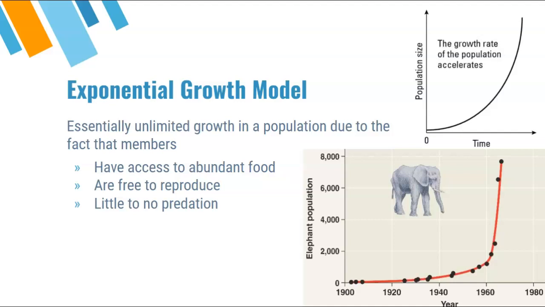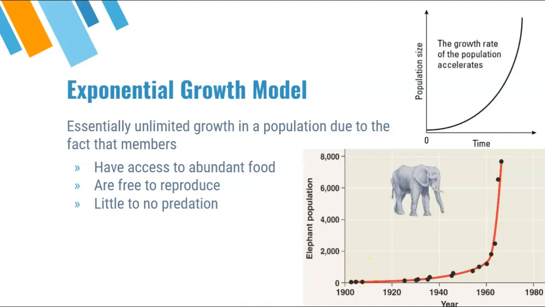One example would be the elephants in Kruger National Park. They had been hunted almost to extinction, but then they established this park around them and they got protected from hunting. So there's all this land with no predators, and they were able to explode in their population. But their population was so low because we'd almost hunted them to extinction.